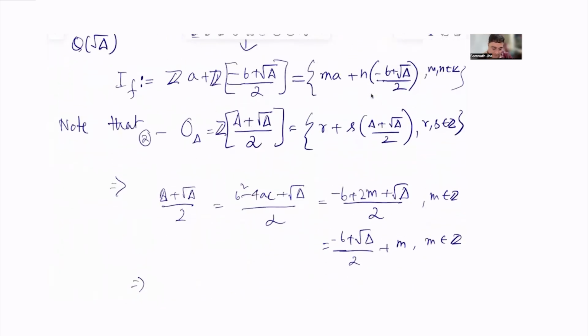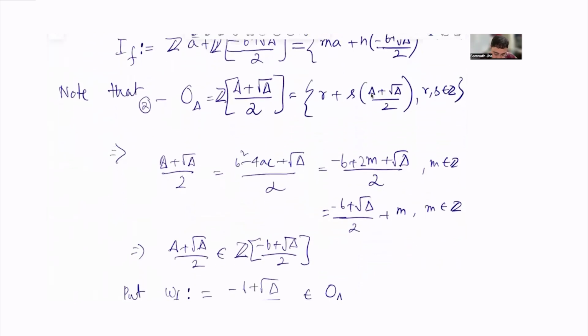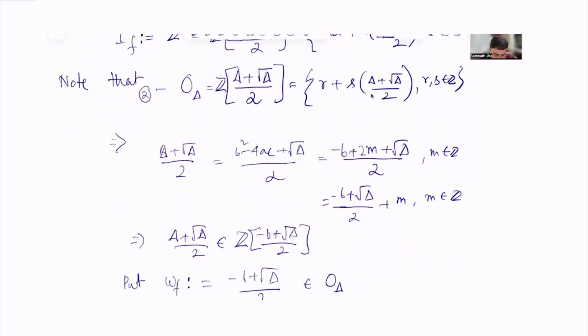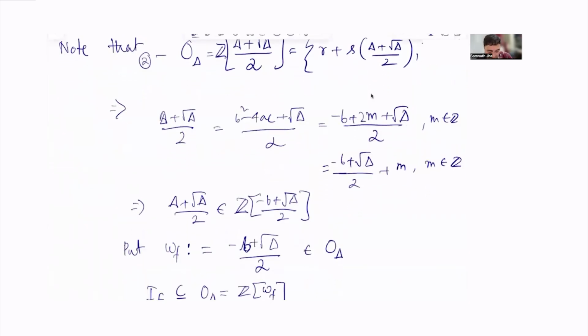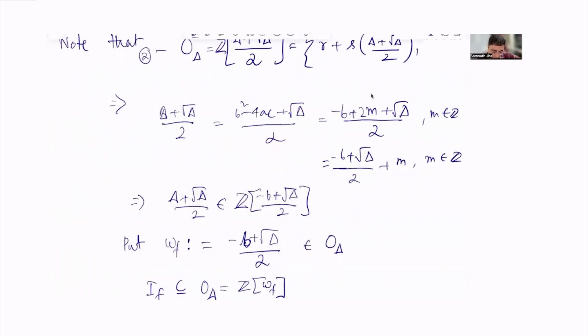This shows that (delta plus root delta)/2 belongs to Z plus Z (minus b plus root delta)/2. If you define omega_f to be this, (minus b plus root delta)/2, this is an element of O_delta, because it is an element of the ring of integers, and in fact Z plus Z omega_f, where (minus b plus root delta)/2 is omega_f, from this step.